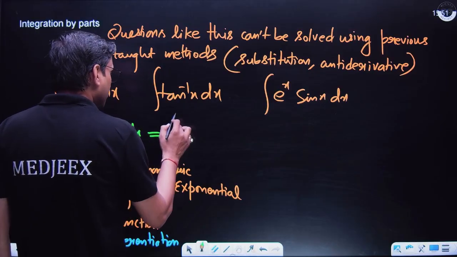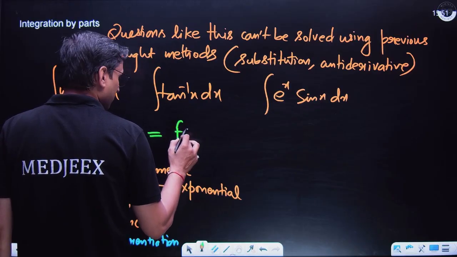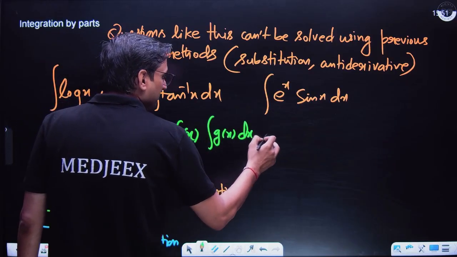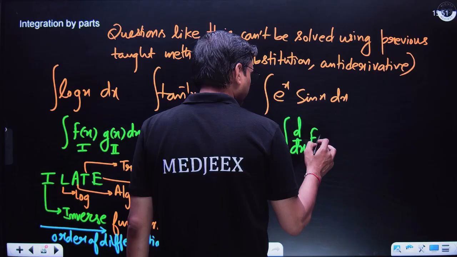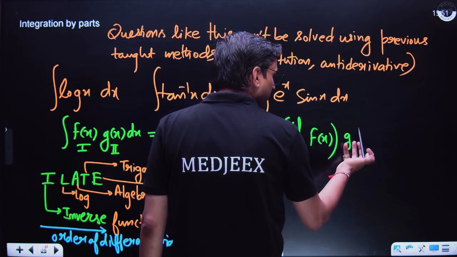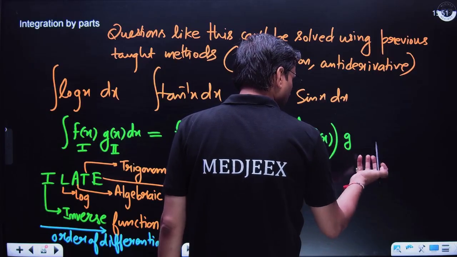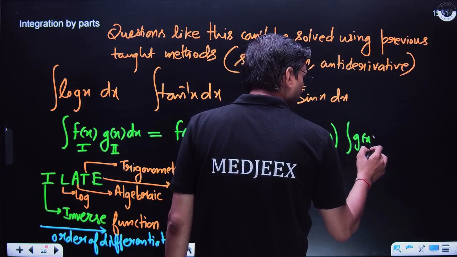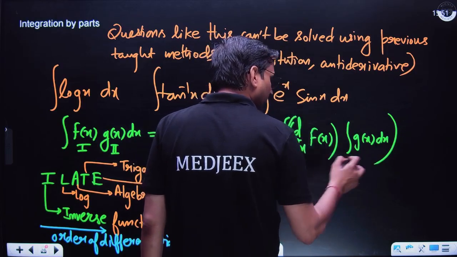Then it will be written as fx taken out, integration will be done of gx, minus differentiation of fx will be done. After differentiation, it will be multiplied with the integration of gx, and the whole term after that will be integrated again.